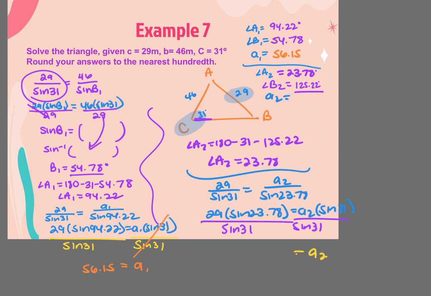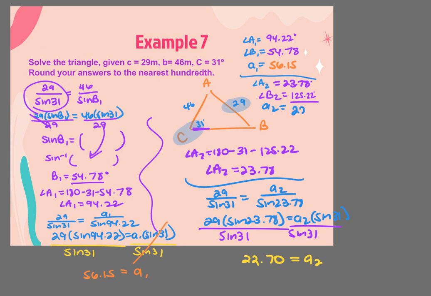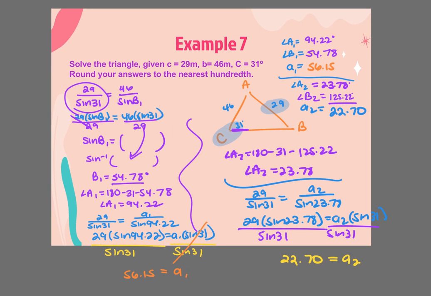And I get A2 equals 29 times the sine of 23.78 divided by the sine of 31, 22.70. So all 6 of these pieces of information would be part of your answers, and you'll see on WebAssign if there's space for the 6, or they will give you the 6 blanks to plug that in.